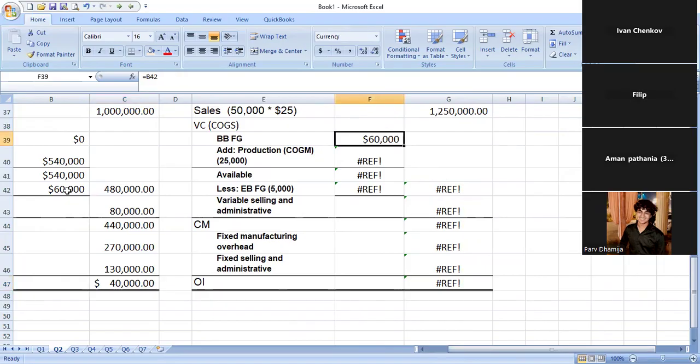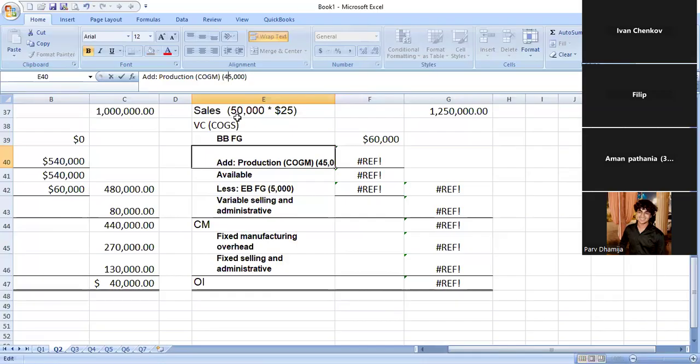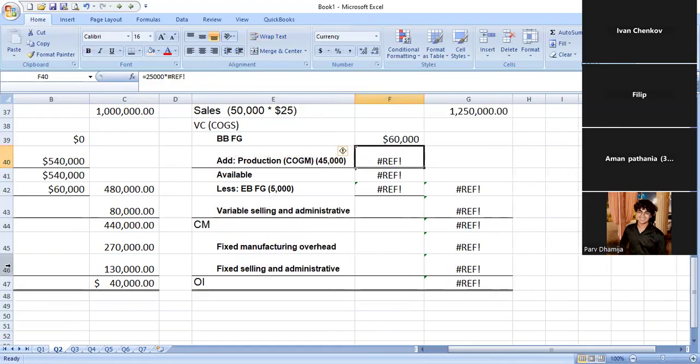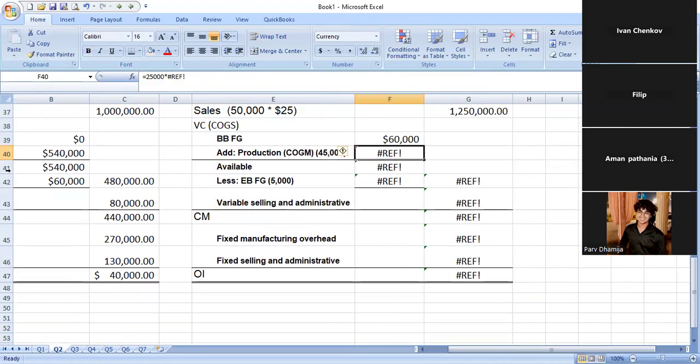So now let's see what's going to happen the second year. Beginning balance will be the ending balance of the first year. Production we have to change here to 45,000, right? We're producing the same numbers, so the production is again 45,000 times $12 per unit.